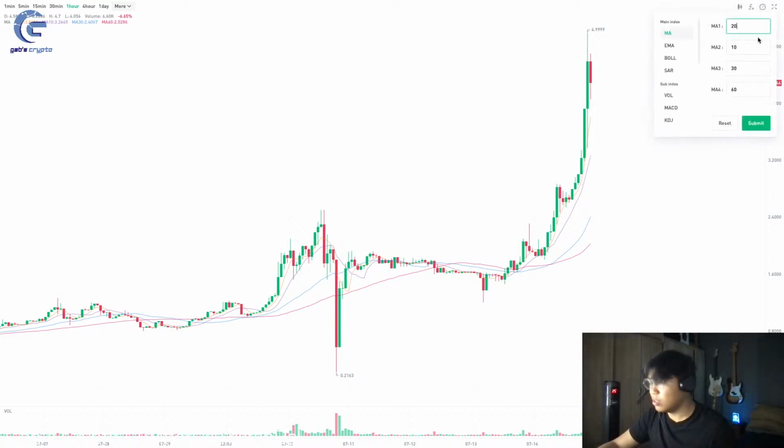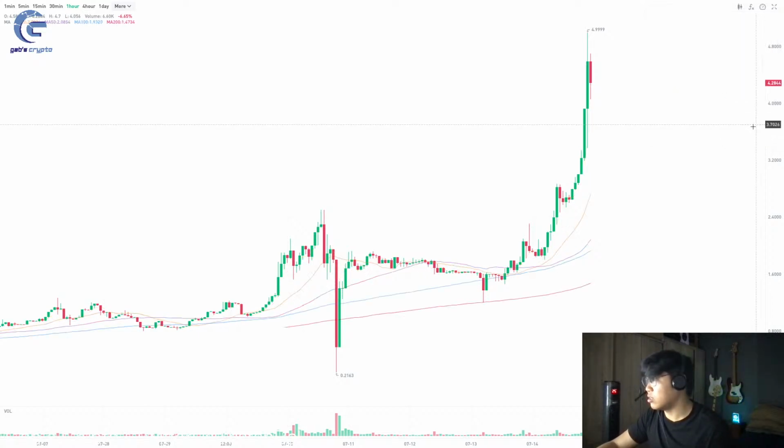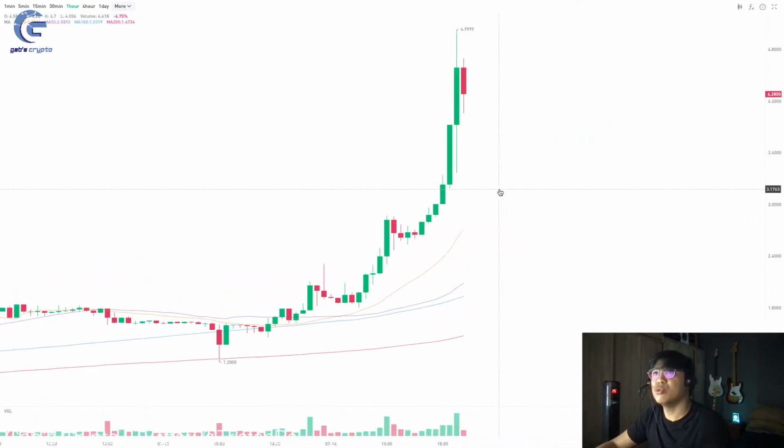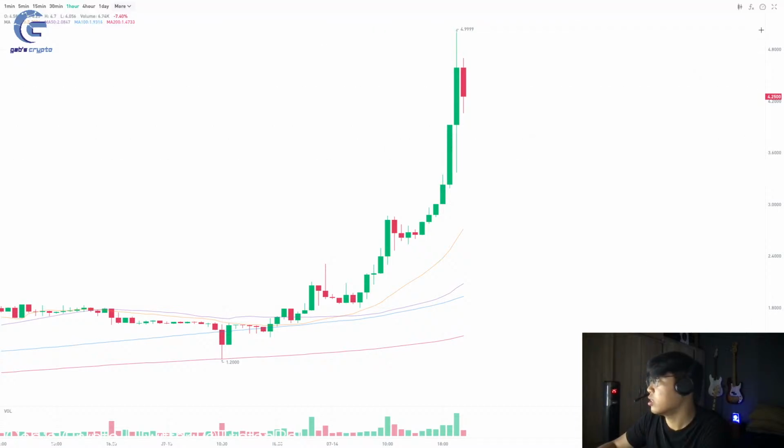So 20, 20, 50, 100, and 200 moving average. Okay, so for the early, sobrang overbought tayo kay DPET. Let's try to add another indicator. Let's use RSI.